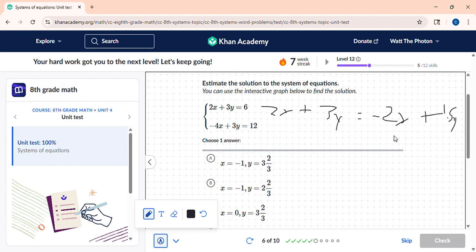I'm happy with that. Then we have 4x is equal to -1.5y. X is equal to -4y, -2/3 y.